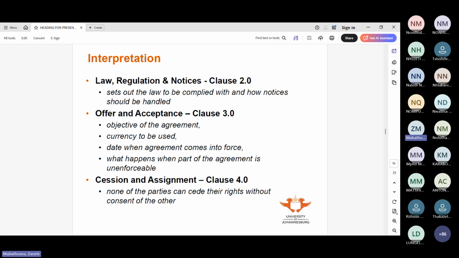If it's sent by email, within 1 working day. Electronic mail excludes social media, so WhatsApp is considered social media. So 1 day: you send the email today, you give me 24 hours, all right? So tomorrow it is deemed received, because then you've given me at least time to look through it.